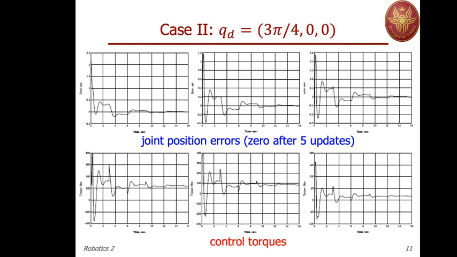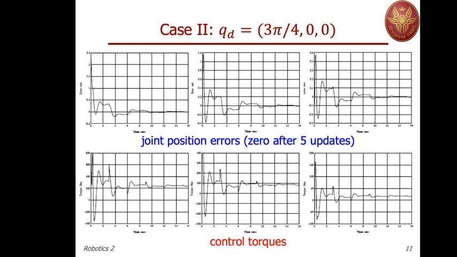You see that here the situation is similar, but I didn't put here the vertical lines. You can recognize a situation where the motion of the joints stops. In fact, the error with respect to the desired configuration does not change. At this point, you have an update of the control torques.